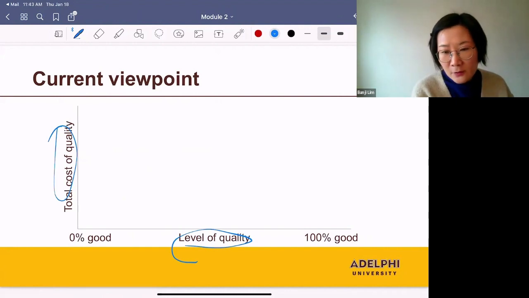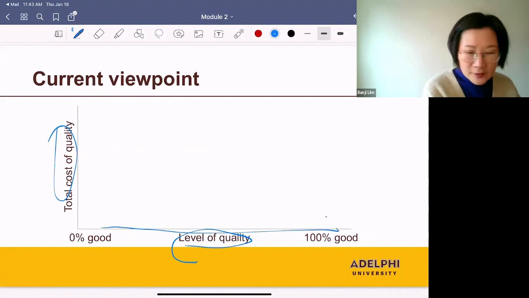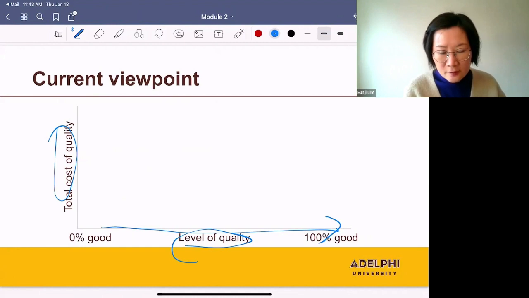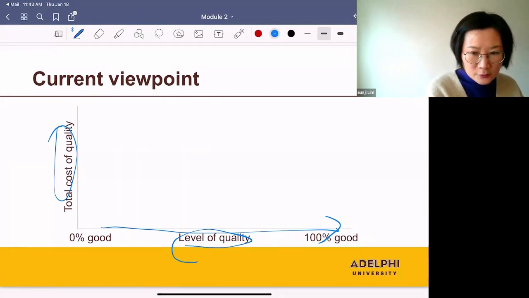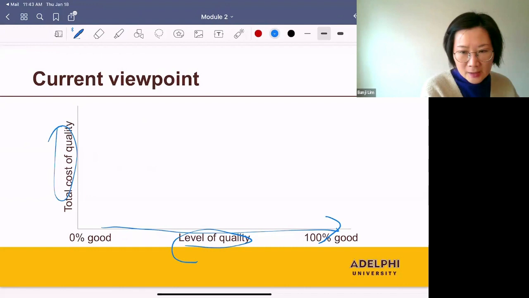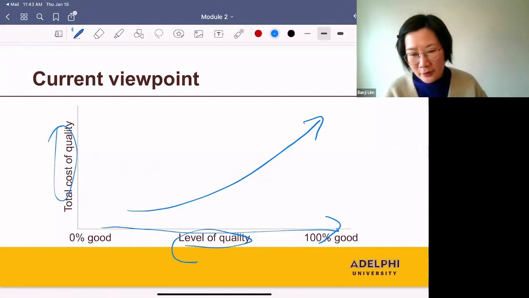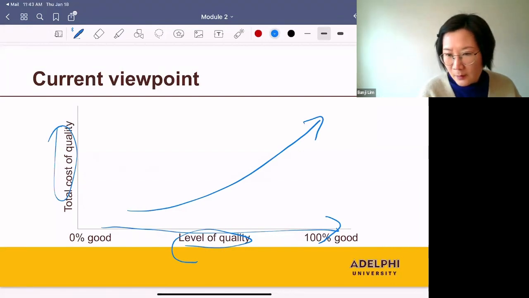So let's think about the cost of prevention and appraisal. As you go from here to here, we have less defects. To have less defects, we need to spend more and more money to prevent defects and inspect our products. So the cost of prevention and the cost of appraisal go up.